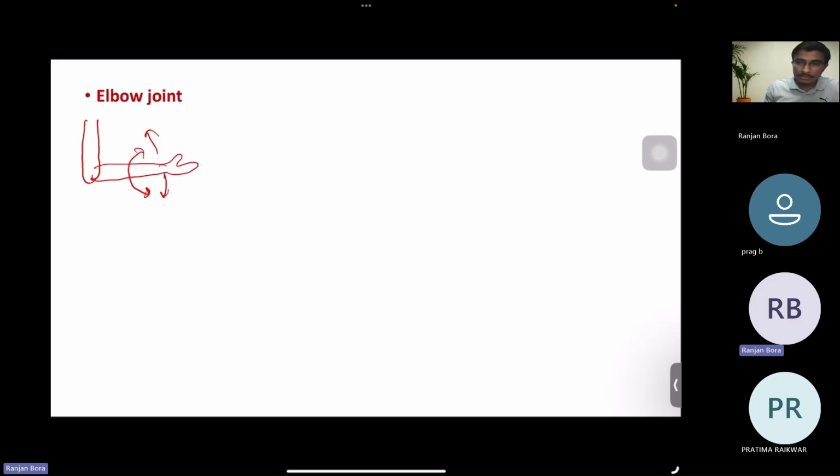No, it is 2. See, one is flexion extension, which means rotating about this axis, and pronation supination means rotation about this axis.